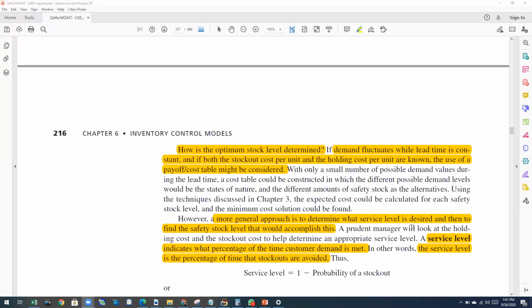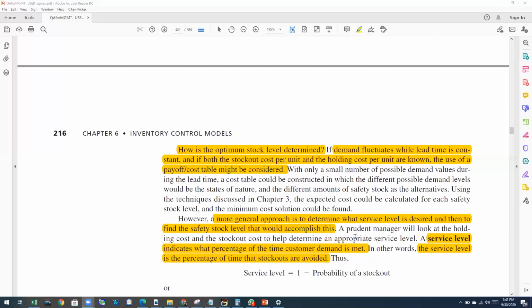Service level is the level where we avoid stock out. So determine the service level that is desired, and then find the safety stock level that would meet the service level being aimed for.